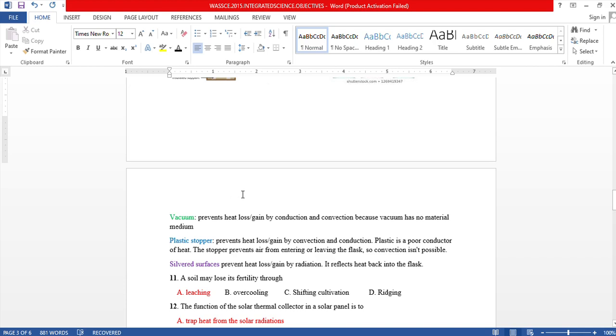What we are saying is that in order for it to transfer heat from one area to another, you need something in between so that it will carry the heat. But a vacuum is empty space, meaning there's not even air. So the air wouldn't even carry the heat. So there's nothing that will help to carry the heat.